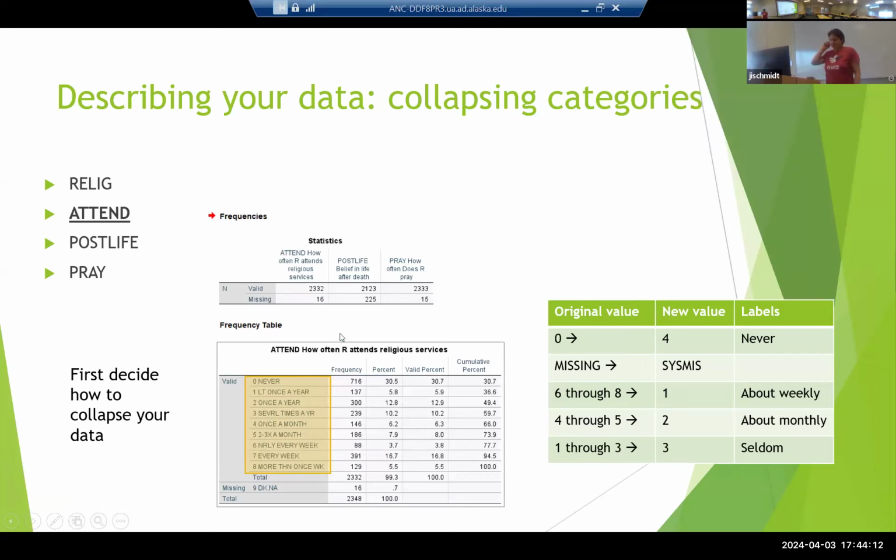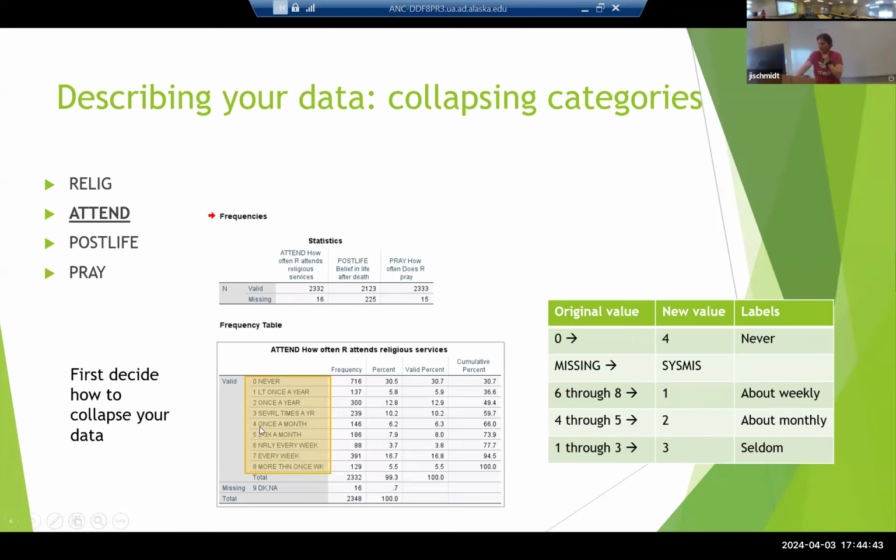First you need to decide how you're going to recode or collapse your variables. In this case, we wanted a column of about weekly, which is 6 through 8 in this example: nearly every week, more than once a week. So 6 through 8 is going to be new variable 1, and its label is about weekly.